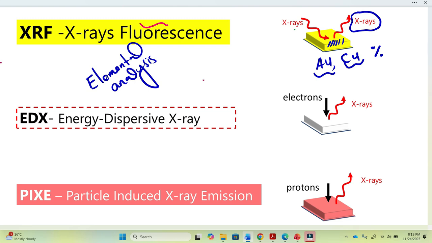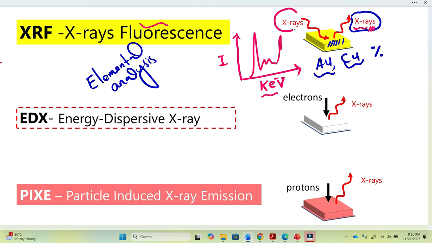In XRF, we simply bombard X-ray on the sample and we get secondary X-ray. Now this X-ray contains a lot of information about the sample, and the graph we basically get is like here. On the x-axis we have X-ray energy in kilo electron volt. This is the emitted X-ray basically, and on the y-axis we have intensity, and we get a graph like this with different peaks.